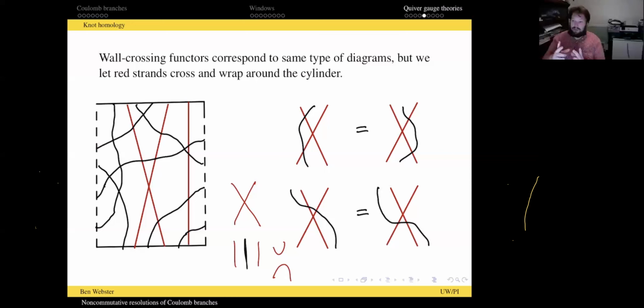Monopole operators correspond to co-characters into the gauge group, so you can think of that as a path in the actual torus of the gauge group. And there is a rule for the multiplication of monopole operators, which is to compose those two paths and then do some local rule for straightening things.